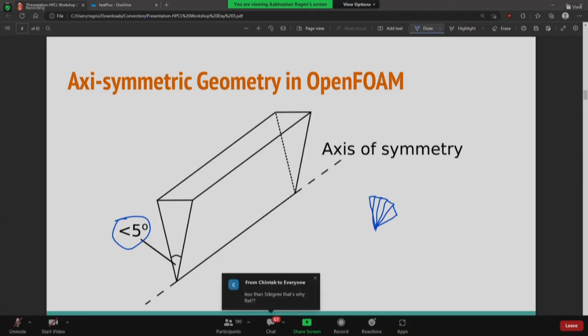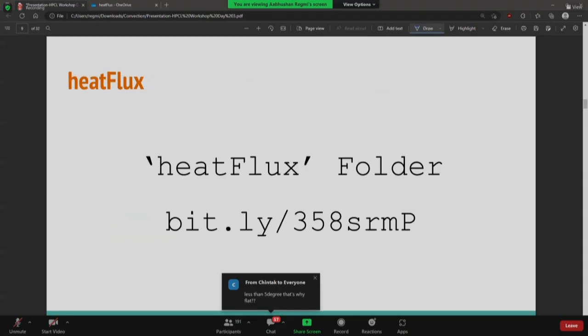Okay. So I want all of you to go to this link bit.ly/358SRMP and then download the folder heat flux. You can just copy it. I'm going to type it in the chat box as well. I'm going to give you guys some time to download the file that I'm going to use.